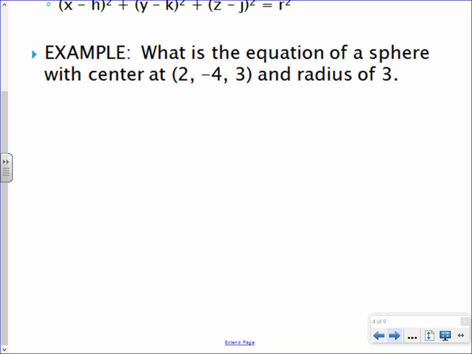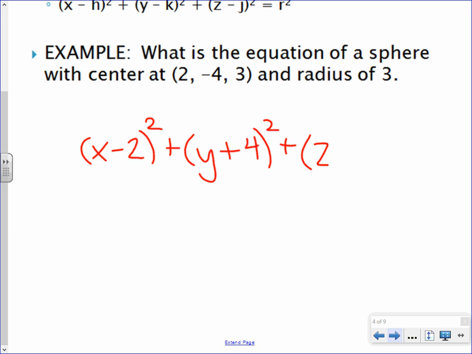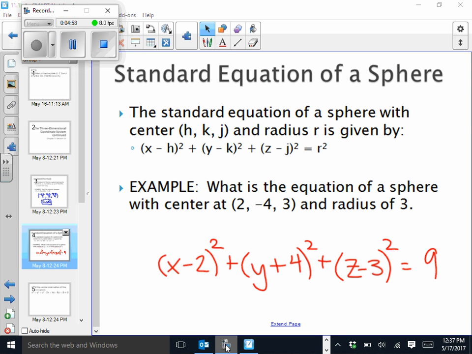If we wanted to write the equation of this sphere, x minus h squared plus y minus k squared plus z minus j squared equals radius squared, which we can just write as... So we'll come back to this.